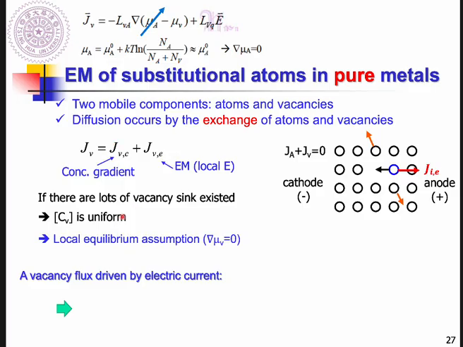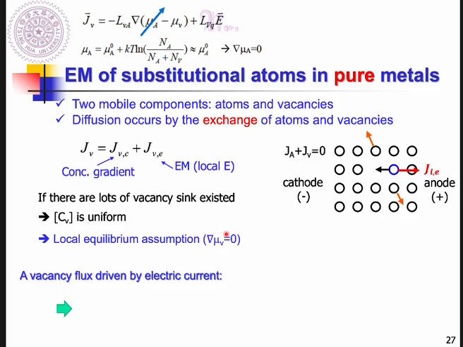So based on this result, we can consider local equilibrium, or assume we have local equilibrium conditions. The chemical potential of vacancy should be constant, which means we don't have any chemical potential gradient of vacancy.